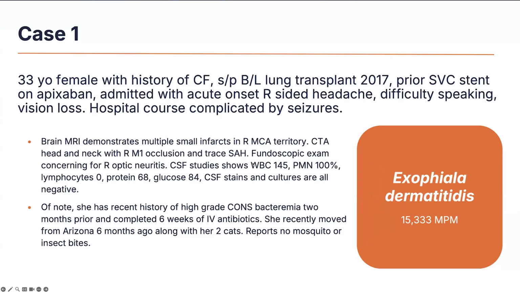All right, so this patient ended up having Exophiala dermatitidis, which is a mold infection. And we actually weren't really expecting it. We knew this was an atypical presentation. So interestingly, when we saw this, it really got us getting the patient on AmBisome and dual antifungal coverage.